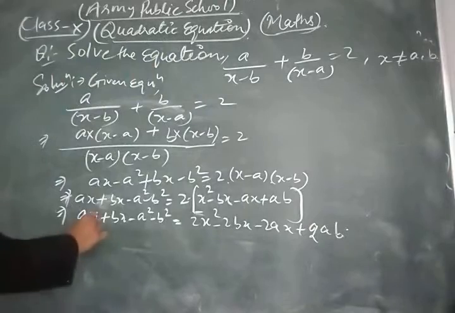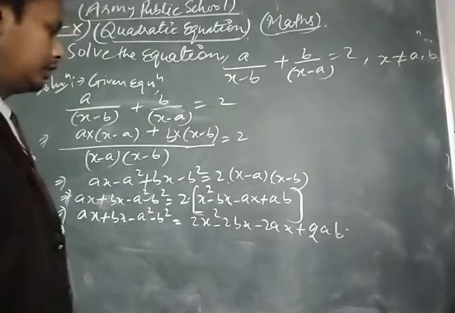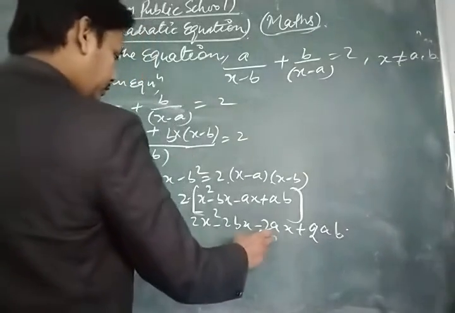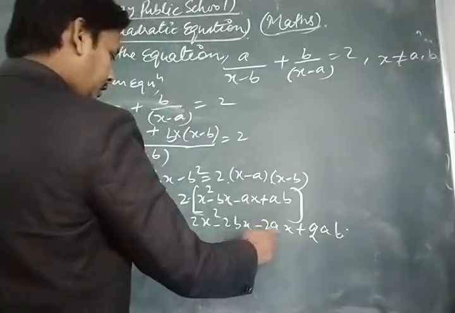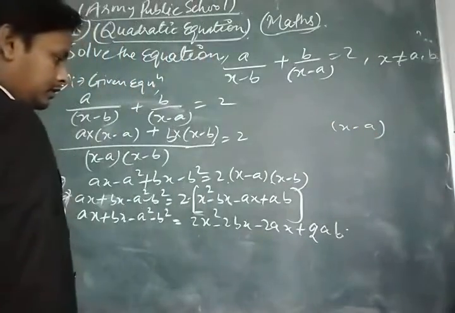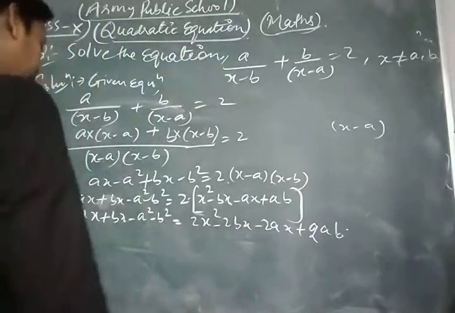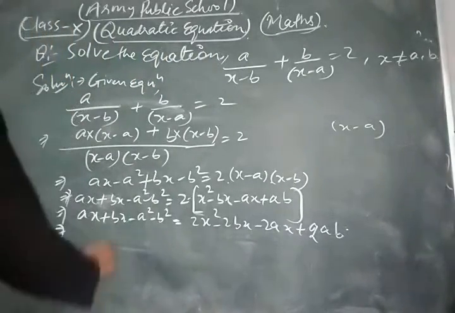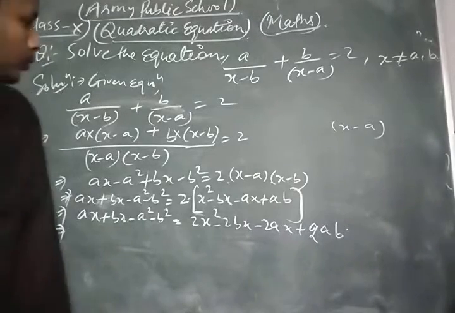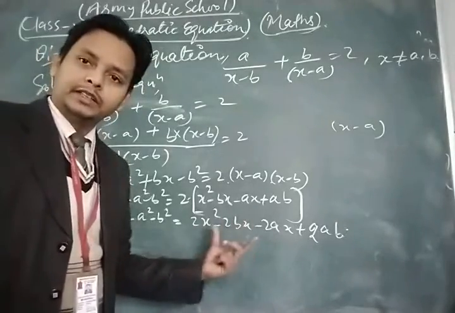So now look, from there, if we take 2x common, we get x minus a left here, and here 2b is common, to x minus a. So here a plus b. Now we separate the variables.